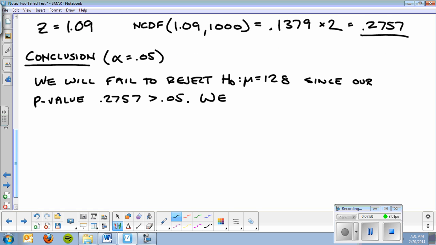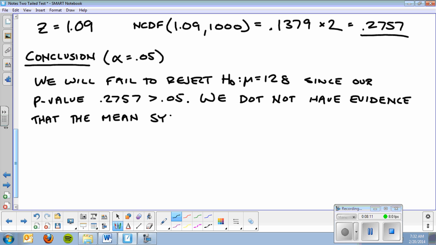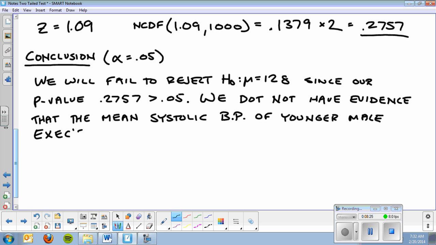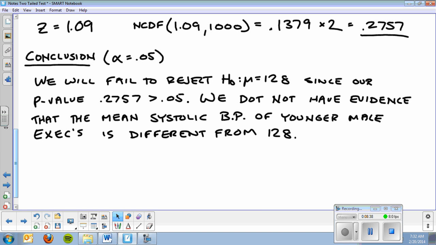So we do not have evidence that the mean systolic blood pressure of younger male executives is different from 128.